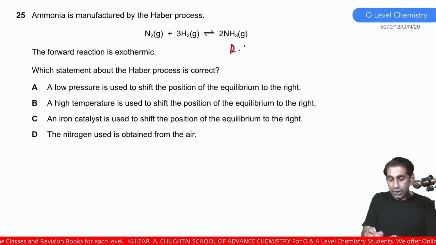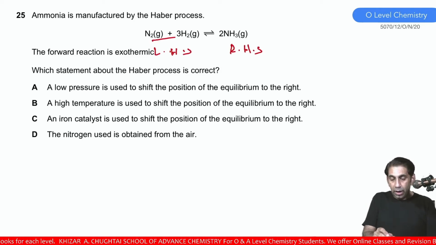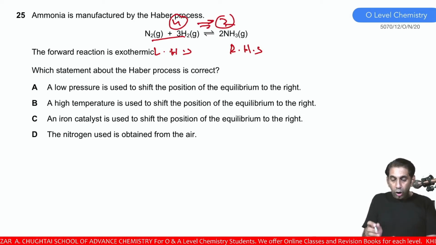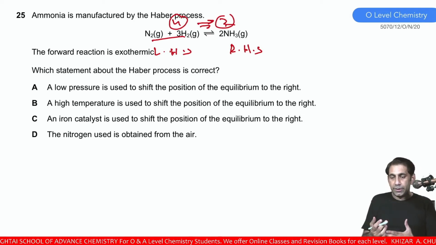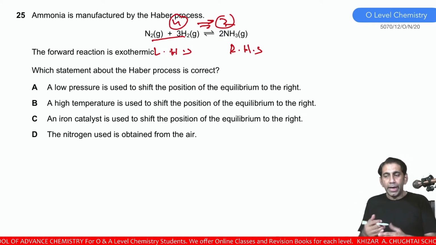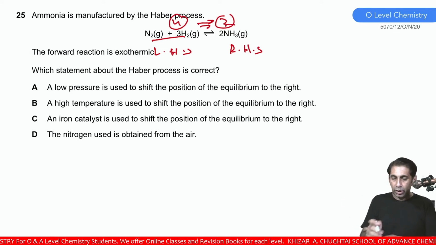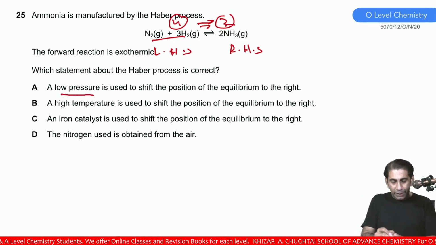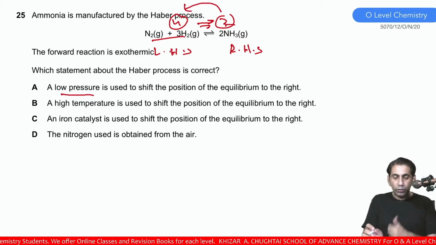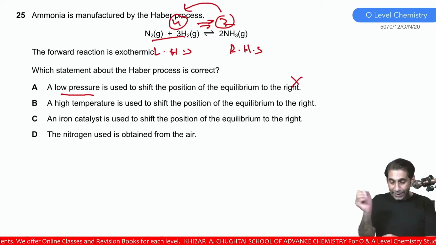On the right hand side there are 4 moles, on the left hand side 2 moles. On lowering the pressure, equilibrium will shift towards the side of the higher moles, the left hand side, not the right hand side.